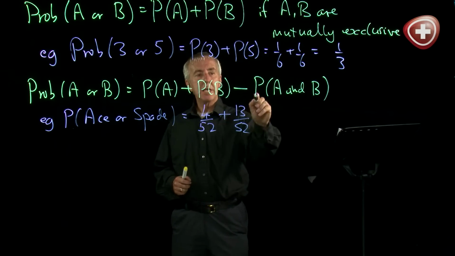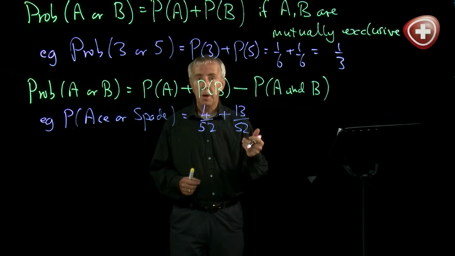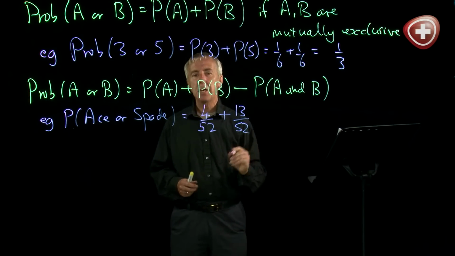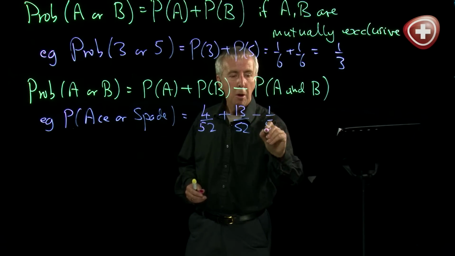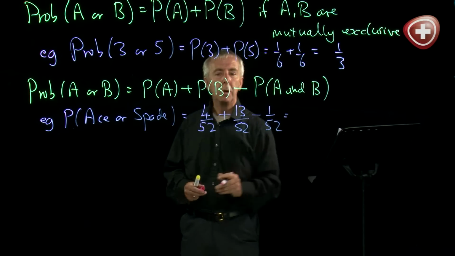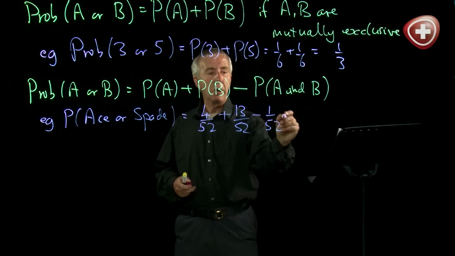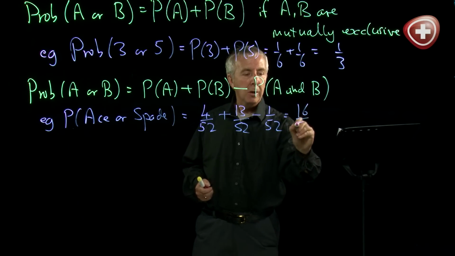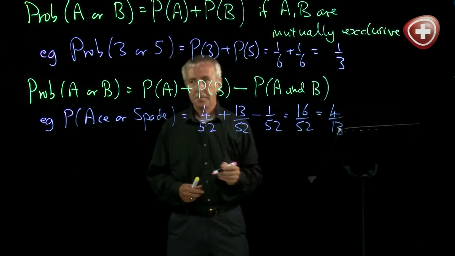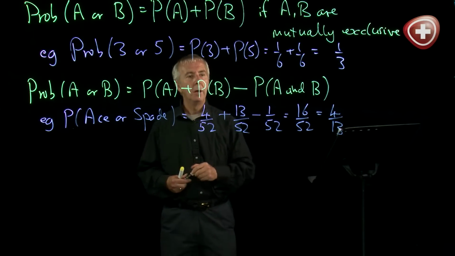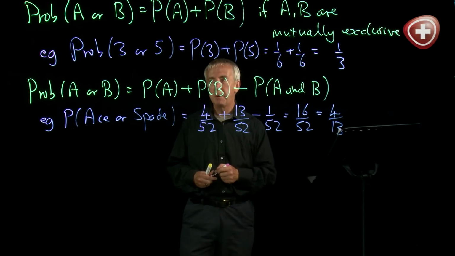And the ace and the spade is what we normally call the ace of spades, and there's one of those. There's one card that is an ace and a spade, so we need to take away the chance of getting that one card, which is 1 out of 52, and so if we add those together, 17 52ths, take away 1 52th, we're back to 16 52ths, which is 4 13ths. So we need to be aware of that correction term when the two events can both happen together.